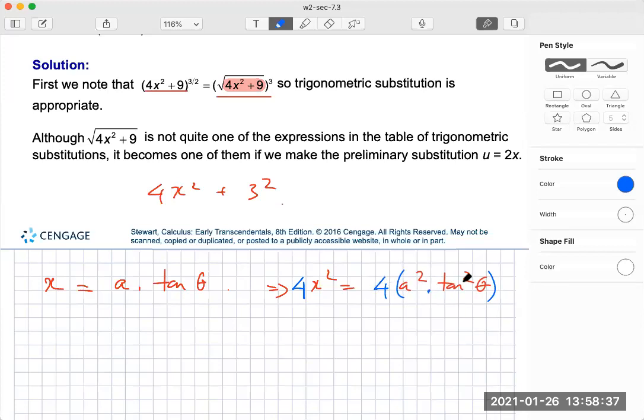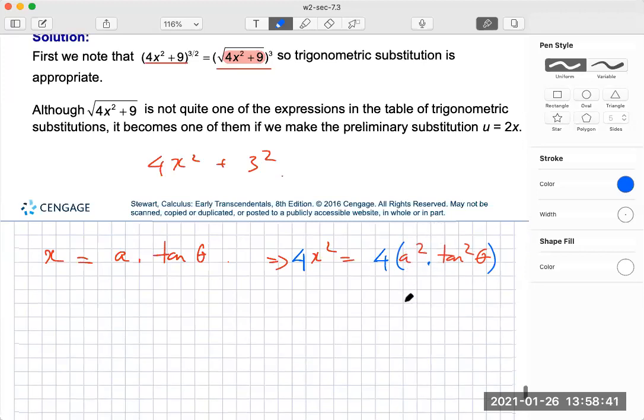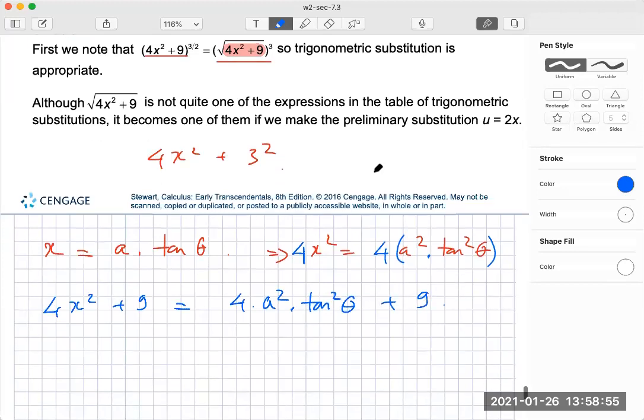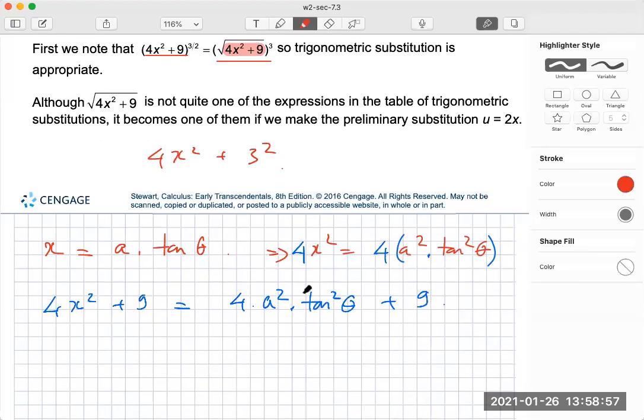And in the end, we want x squared plus 9, which is 4 times a squared times tangent squared theta plus 9. The target is to define a such that 4a squared should be 9, so that we can factor it out, right?